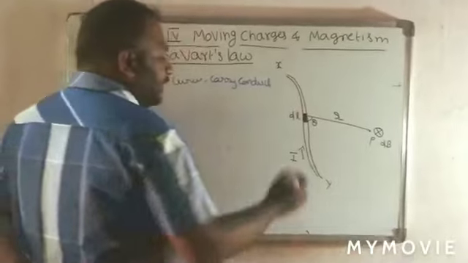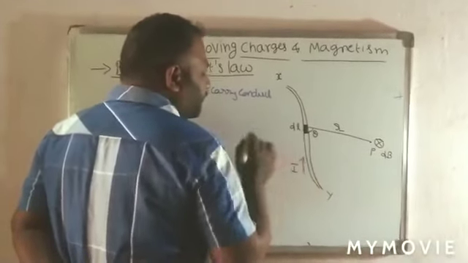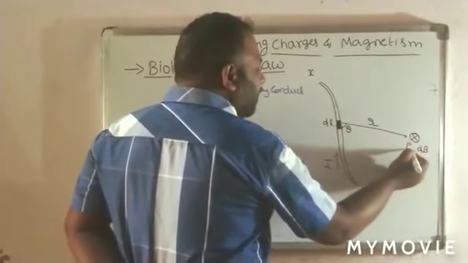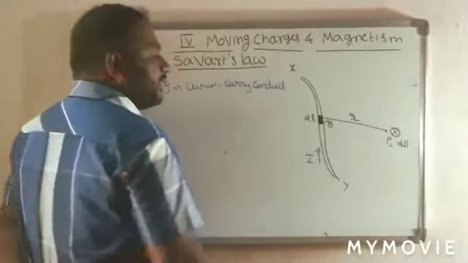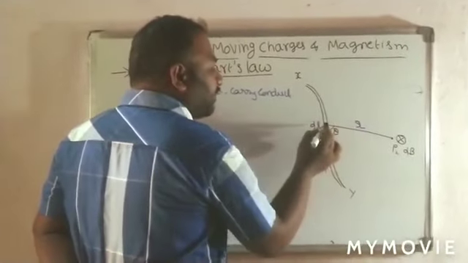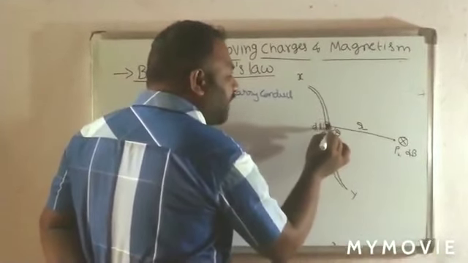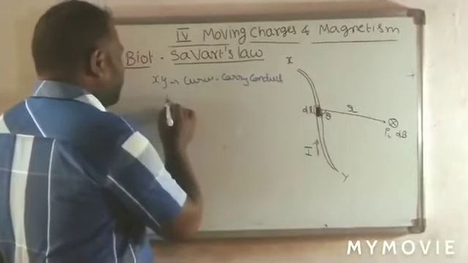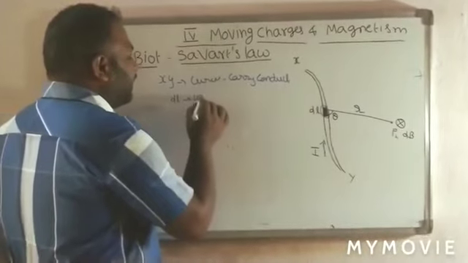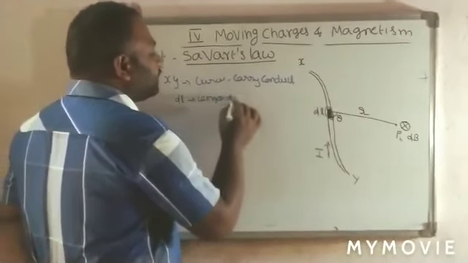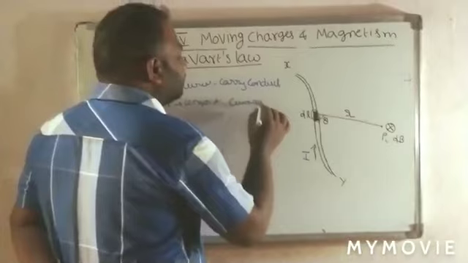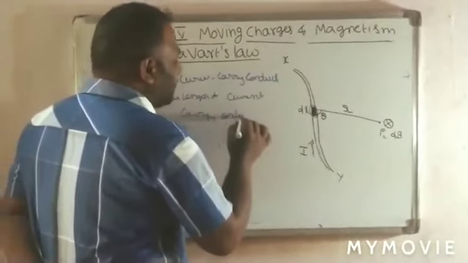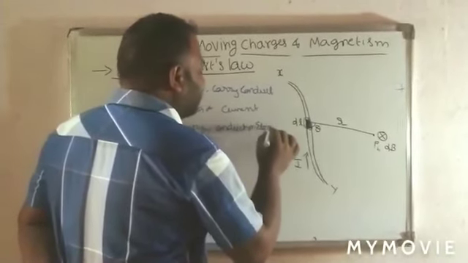The current flowing through the conductor is I amperes, and I want to find the magnetic field at point B, which is at a distance r from an infinitesimal current element, whose length is dl, where dl is the length of the current carrying conductor element.